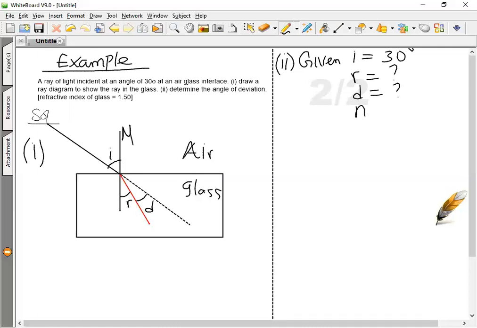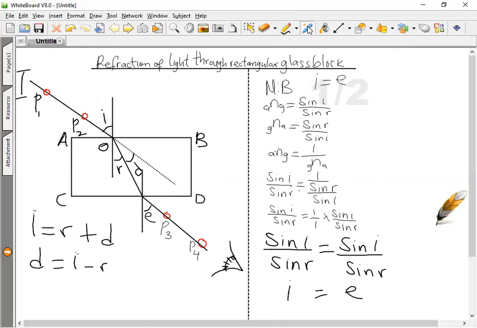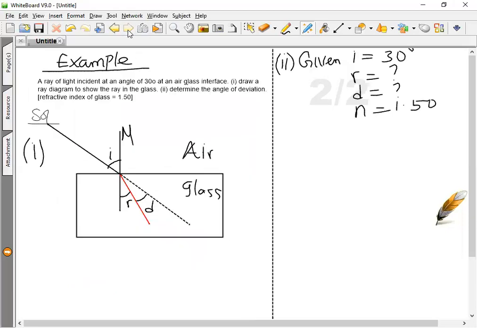But we have our refractive index, which is 1.50. Now we are being asked to find our angle of deviation. Remember, from what we did here, we said our D equals to what? Angle of incidence minus angle of refraction. But unfortunately, we don't know our angle of refraction. We only have our angle of incidence. So the first thing I'm supposed to do is to find our refracted angle. So let's go and find the refracted angle.